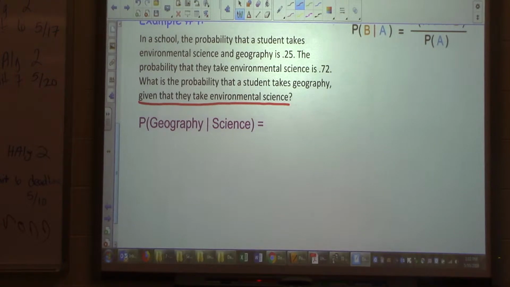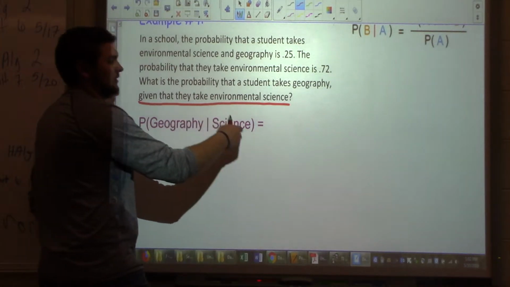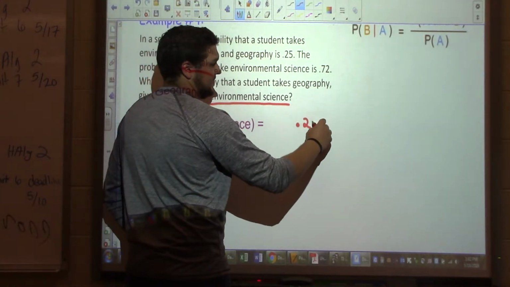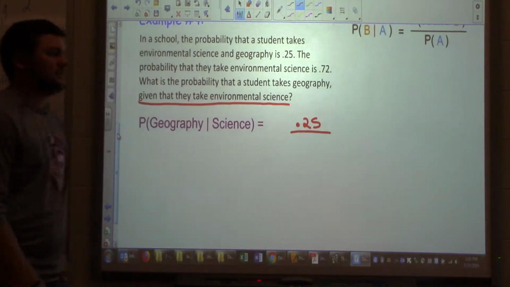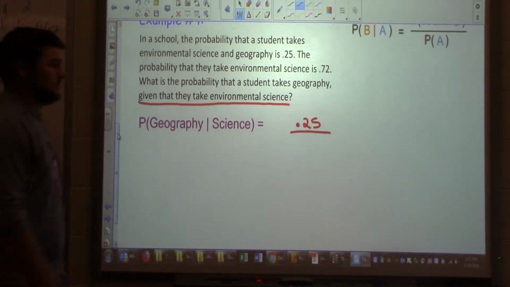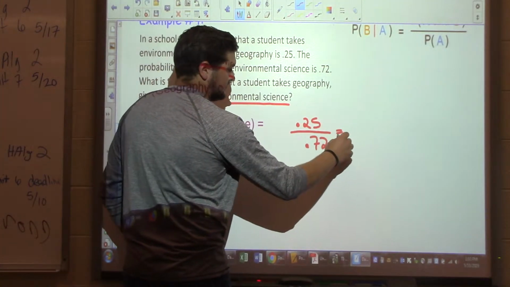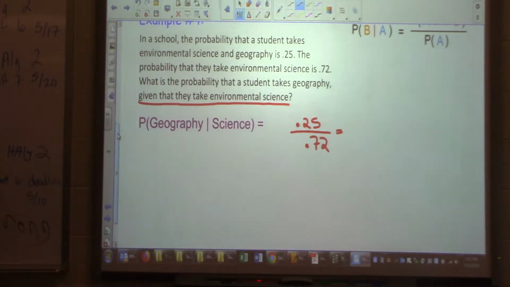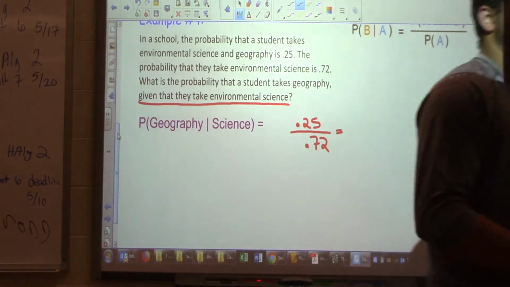Right? Well, what's the probability that they take both? 0.25, that they take both environmental science and geography. What's the probability they take environmental science? 0.72.